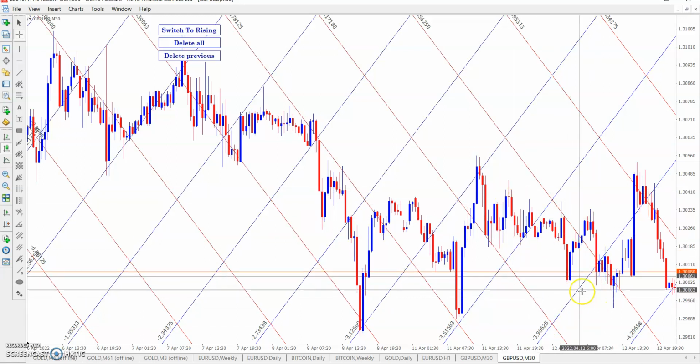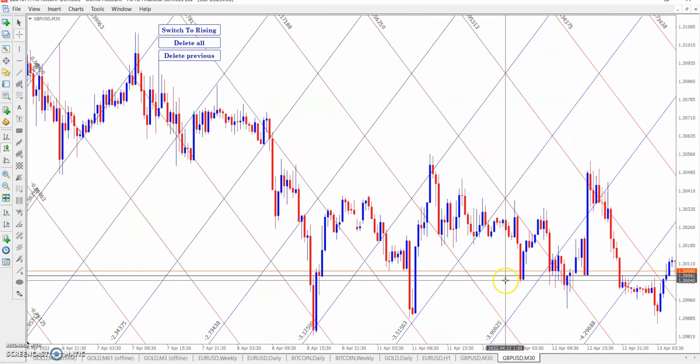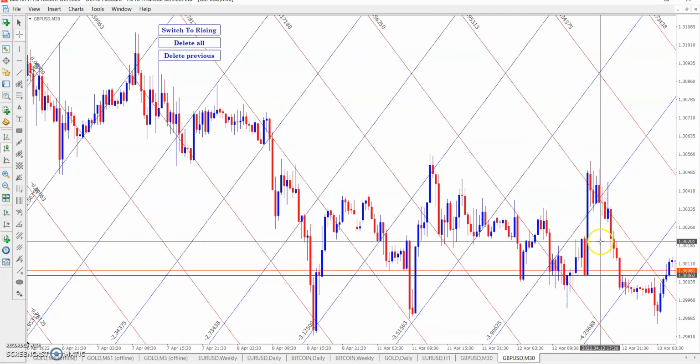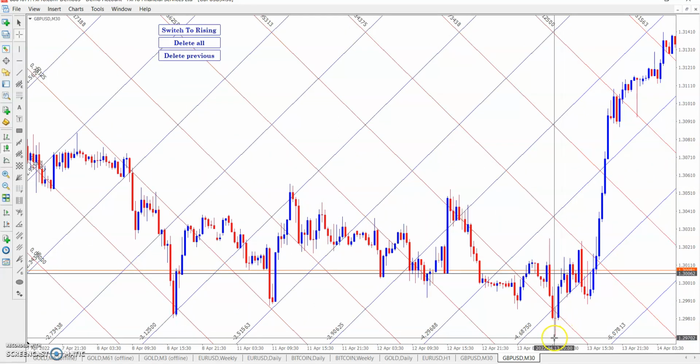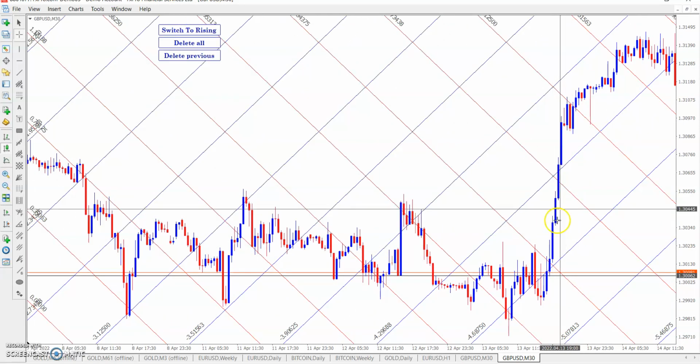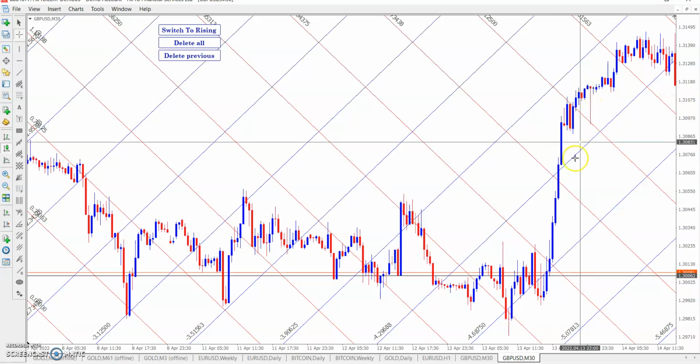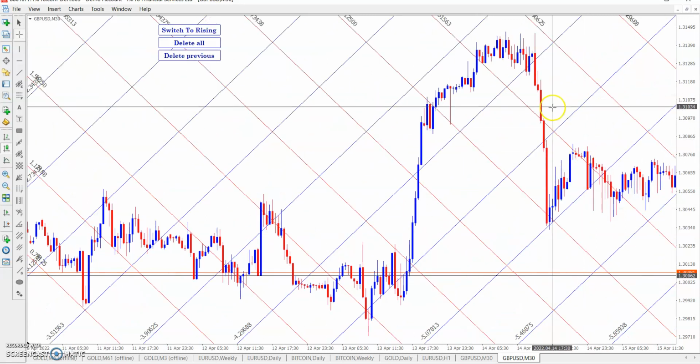The market came back. Every intersection point has a precise entry and exit point. See, it's almost high. See the bottom, exact low. The market turned up to the first square, second square, third square, or third block grid.